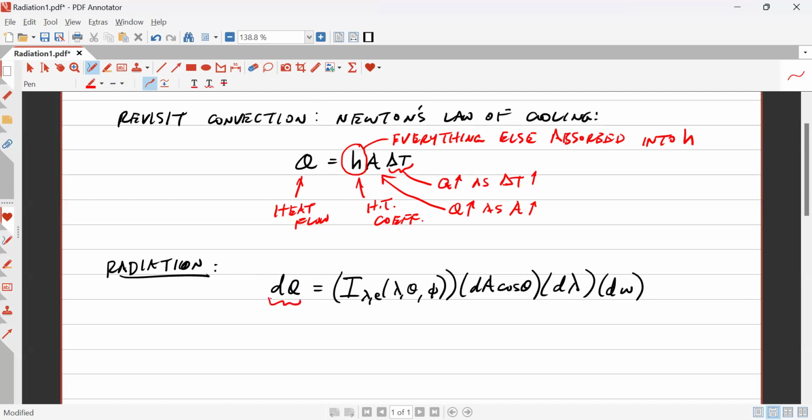So for our sake, let's assume that dQ is some small amount of heat flow. Then there's this value I. This is our intensity, again analogous to the heat transfer coefficient. It's kind of a catch-all. And notice that there's a lambda here. This simply means it's a function of wavelength.